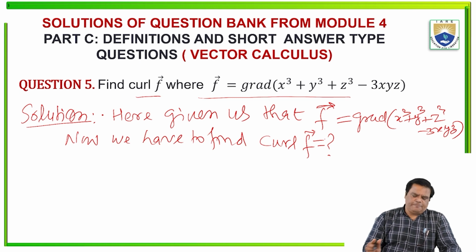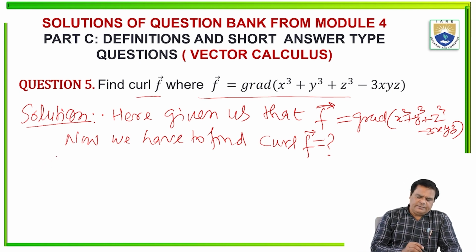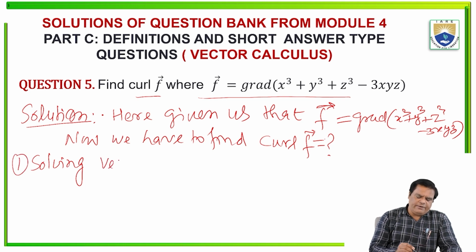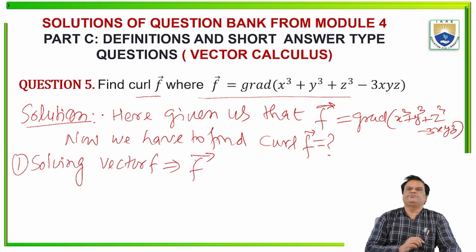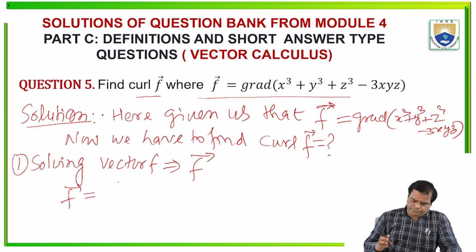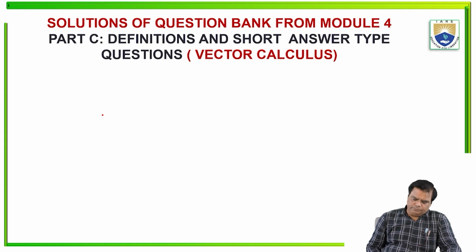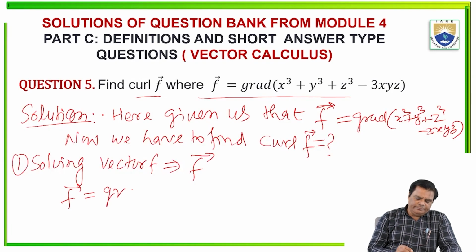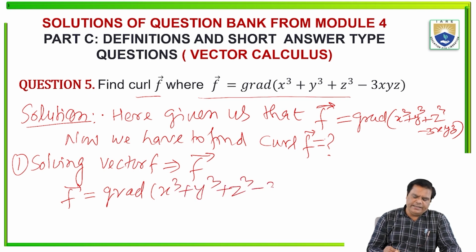Solving for vector f. F vector is grad of x cube plus y cube plus z cube minus 3xyz.